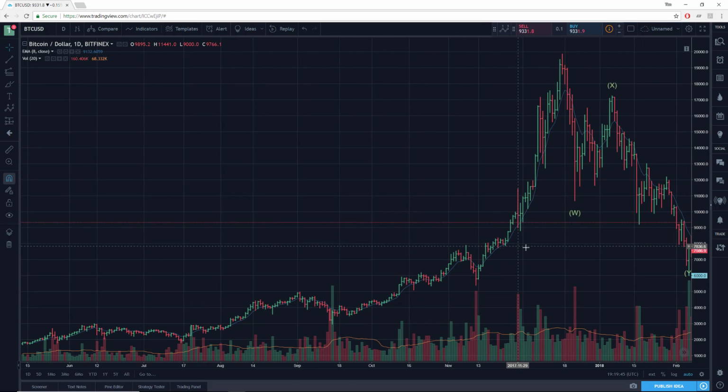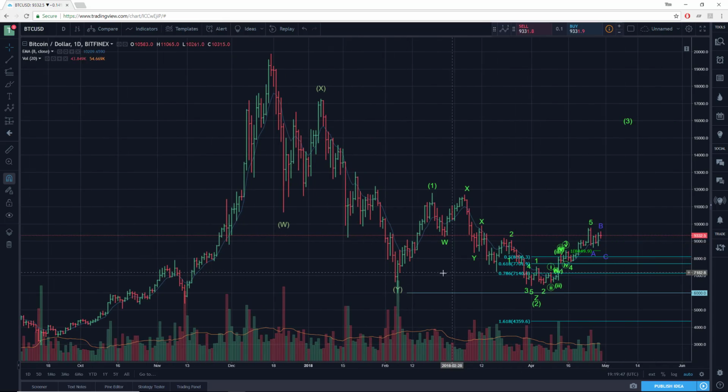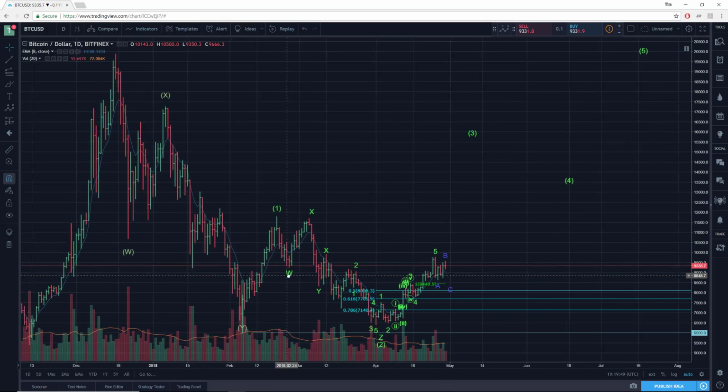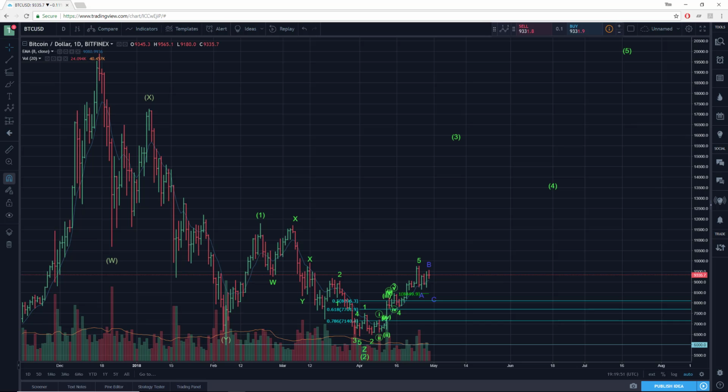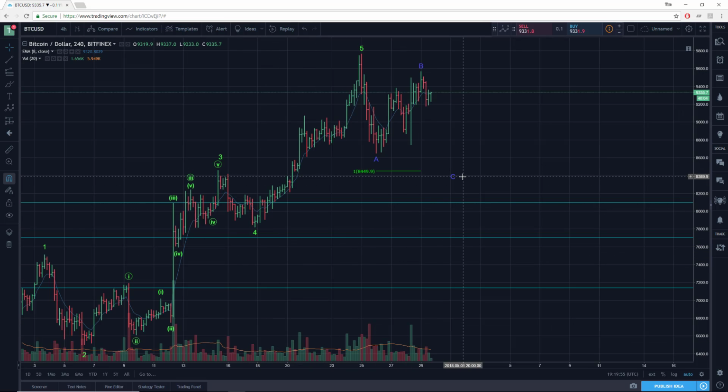And we may return to that kind of environment, although we're just, again, not quite there yet. Hopefully on our way to being there. That's why I mentioned if you get a good entry and it really starts taking off, don't exit too early. Let it run, because based on the past price action in Bitcoin, sometimes the run can really go beyond expectations and make you a lot more money than you thought.